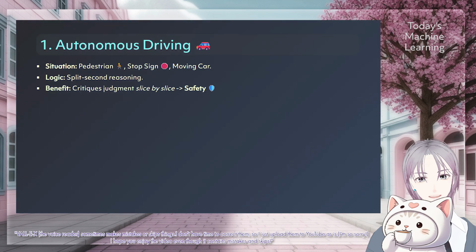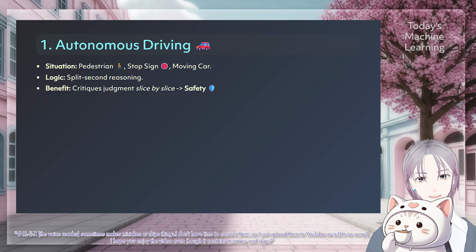First, let's talk about autonomous driving technology. When a self-driving car is on the road, it has to make split-second decisions. It sees a pedestrian, a stop sign, and another car turning left. It needs to reason through the situation. It thinks, okay, the pedestrian is waiting, but that car looks like it is not stopping, so I should slow down just in case.